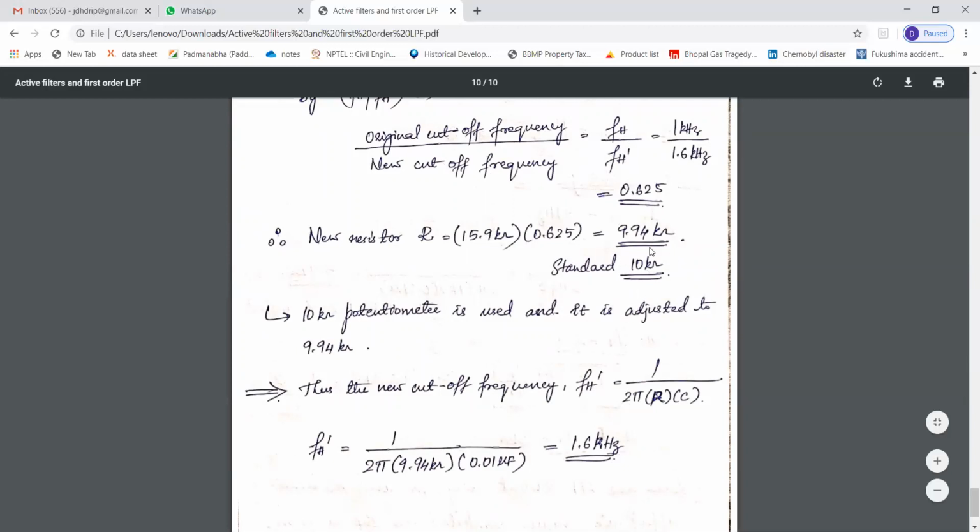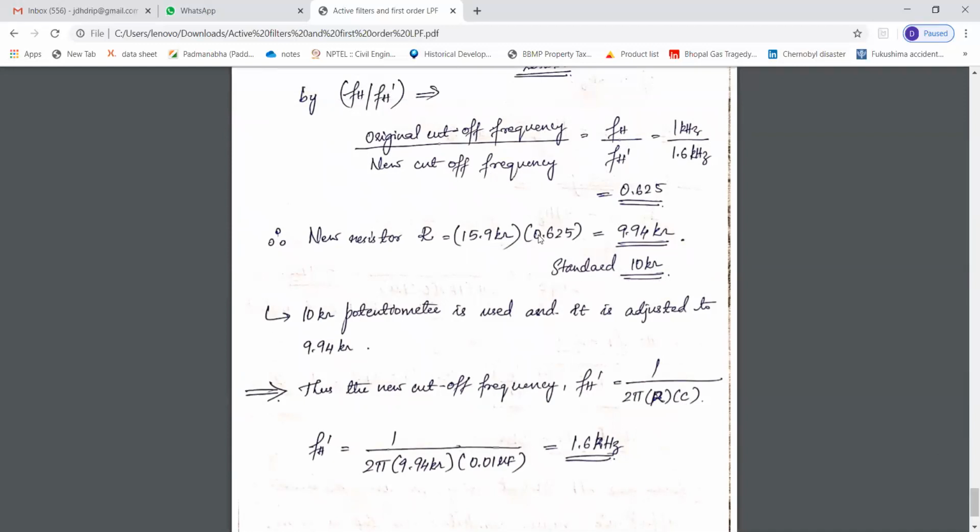So by using this 10 kilo ohm, I will verify if I'm getting fH dash equal to 1.6 kilohertz. I substitute R equal to 10 kilo ohm and C equal to 0.01 microfarad, and we have got fH dash equal to 1.6 kilohertz, which means this resistance of 10 kilo ohm is correct. Whatever we have found out is correct.